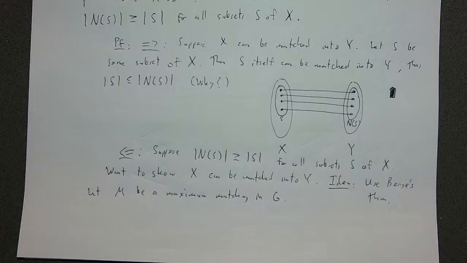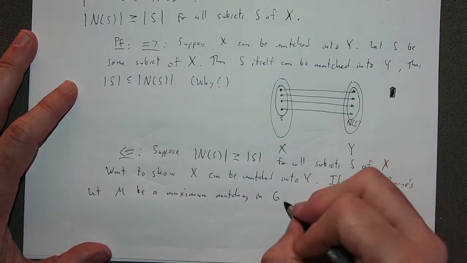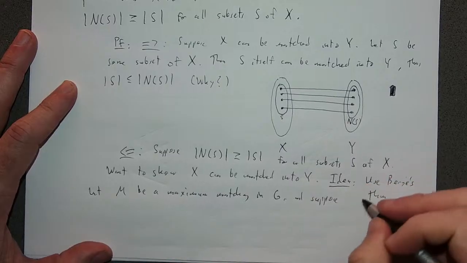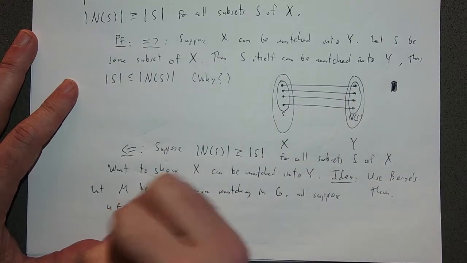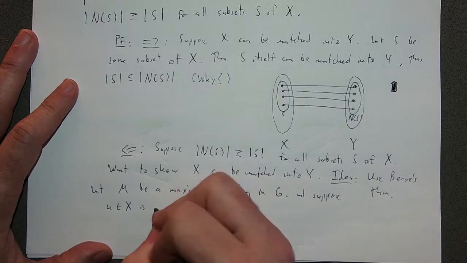So I'm not assuming that. I'm assuming it's just a maximum matching. So let M be a maximum matching in G, and suppose that some vertex U in X is not saturated by M.